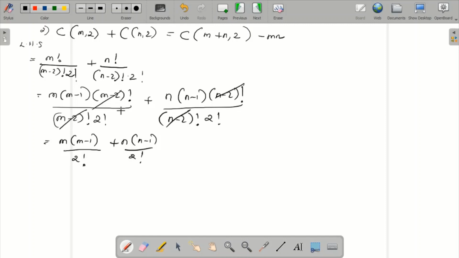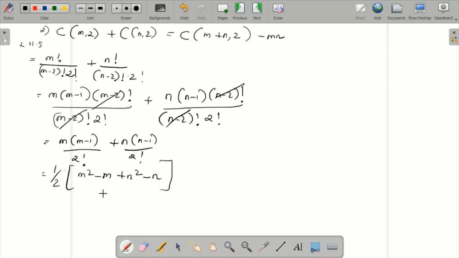So it would be m into m minus 1 divided by 2 factorial, plus n into n minus 1. If we try to solve this, I can take half out, half in the sense that 2 factorial is nothing but this itself. And if I multiply this, it would be m square minus m plus n square minus n. So this I'll get as m square plus n square minus m plus n.